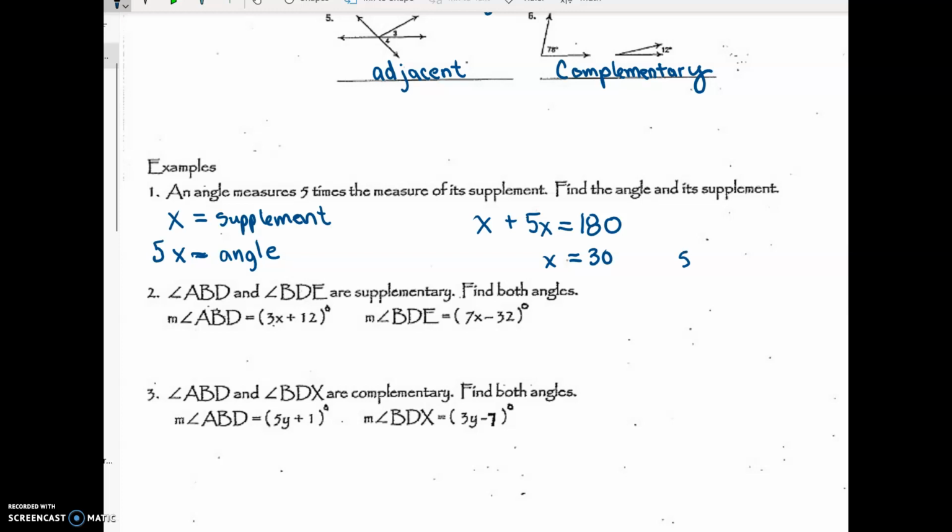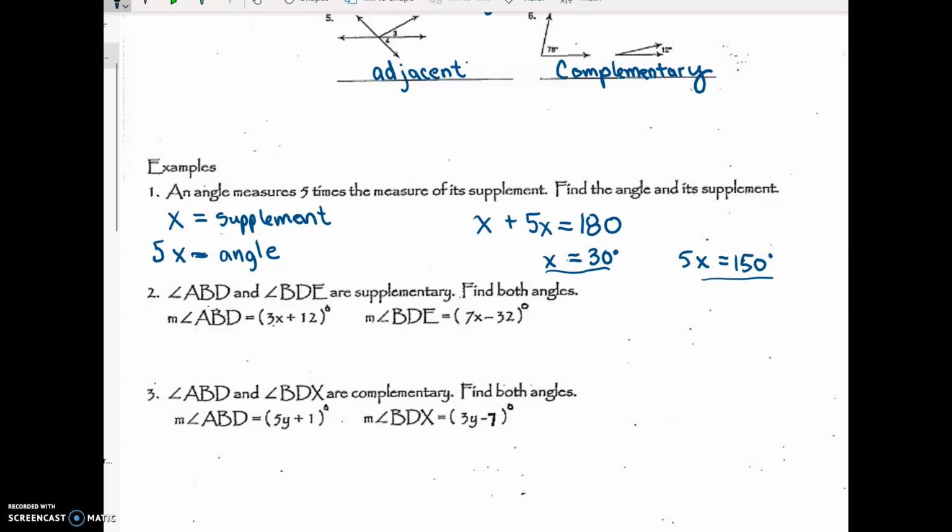So I could say 5x equals 150. And let's go ahead and put our degree there, because we're talking about an angle measure. So there are our two solutions for the two angles, 30 degrees and 150 degrees.